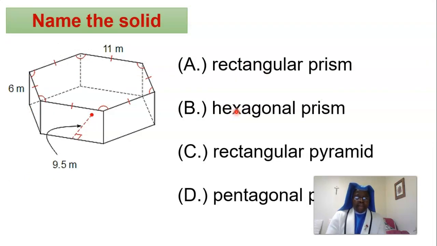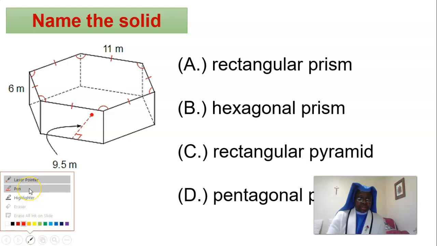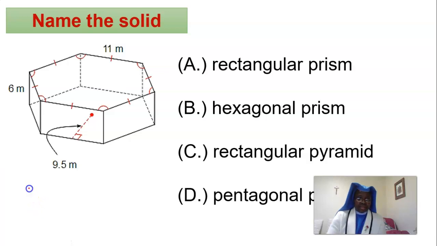So let's name this solid. First of all, you have to identify whether it is circular, a prism, or a pyramid. Then you think, does it have two bases or one base? If you look at this, we see rectangle, rectangle, rectangle, rectangle all around it.